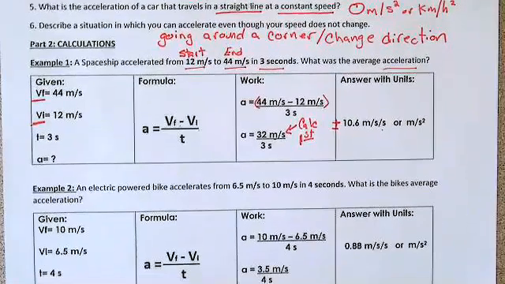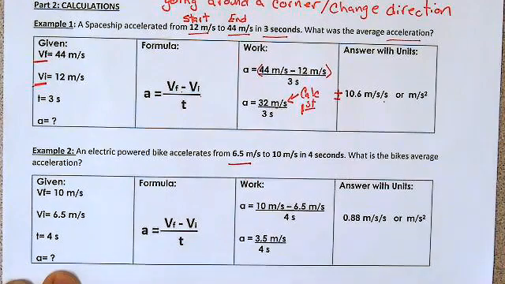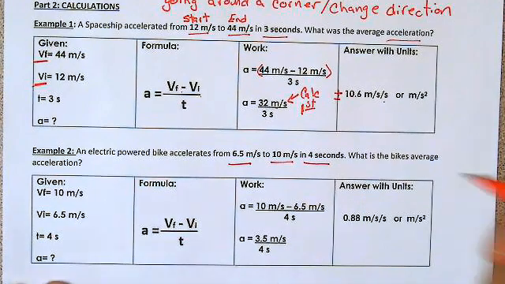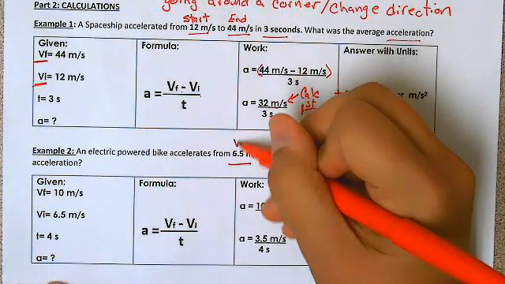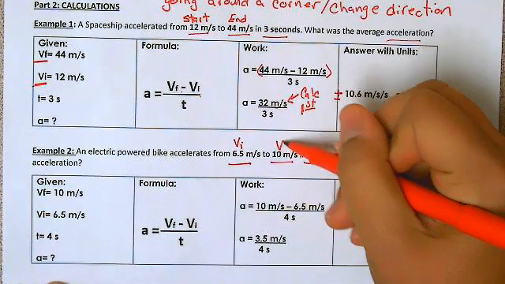So let's look at example number 2. It says an electric powered bike accelerates from 6.5 meters per second to 10 meters per second in 4 seconds. What is the bike's average acceleration? So remember that wherever we're starting is the initial velocity, and whatever speed it's ending at is the final velocity.